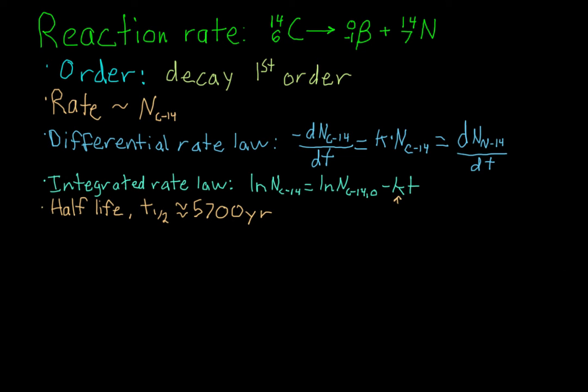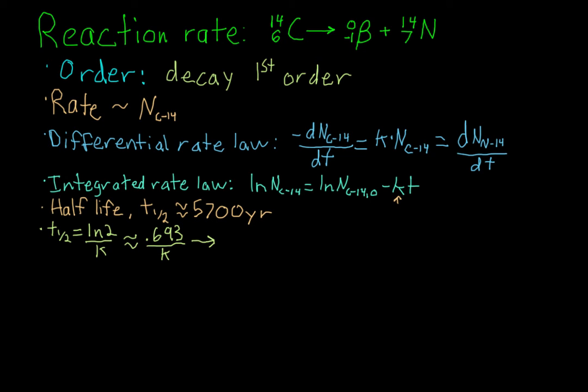For first order reactions, k is related to the half-life by this formula: the half-life equals the natural log of 2 over k. The natural log of 2 is about 0.693, so we can say 0.693 over k.